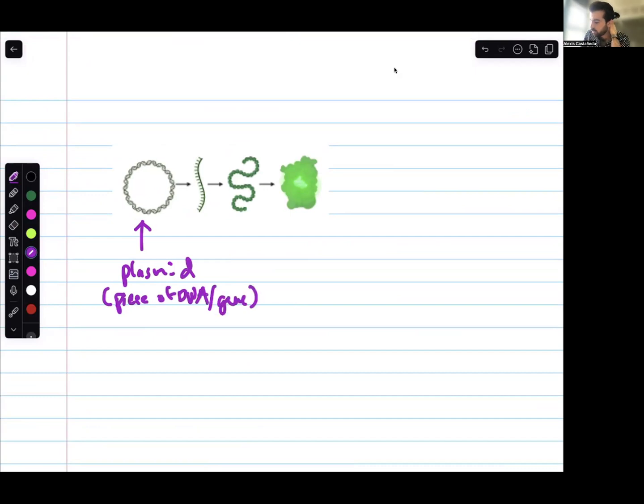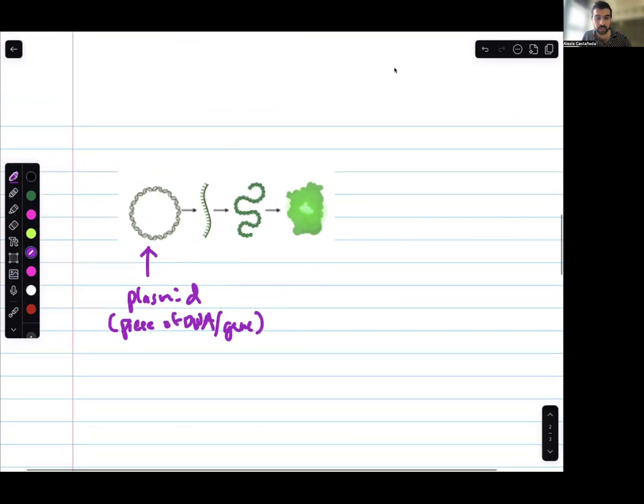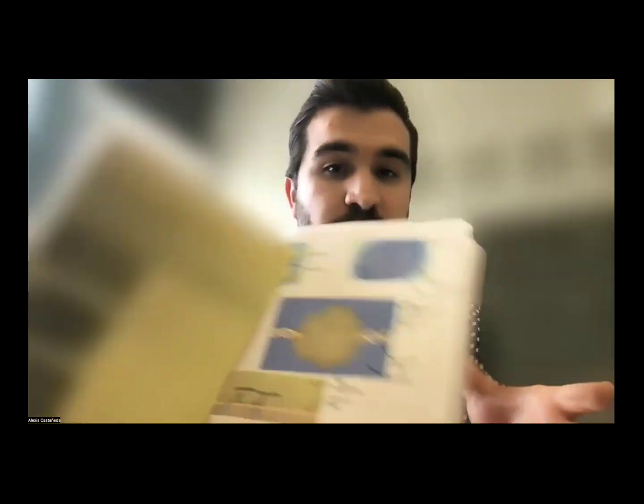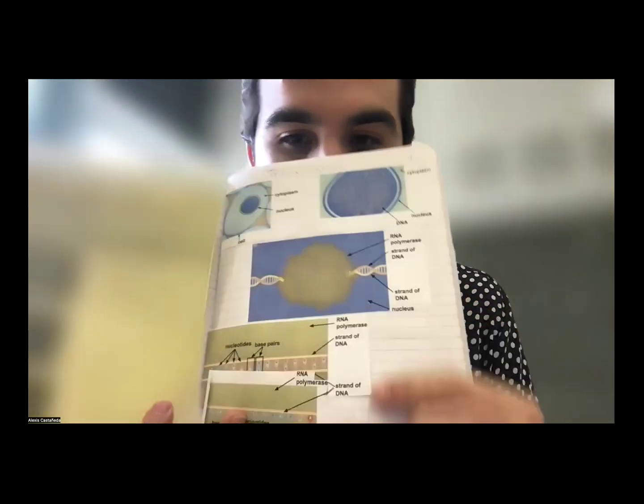Okay. So what we know from transcription and translation, we're going to look back on pages 11 and 12 of our notebook. During transcription, we start with DNA, and at the end, we form a strand of mRNA.